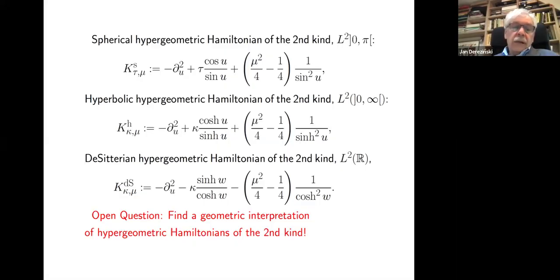So, for instance, the Laplace-Beltrami operator on the sphere gave the spherical hypergeometric Hamiltonian of the first kind. Now, my conjecture is that here you cannot use a second order differential operator.